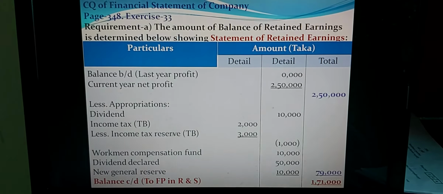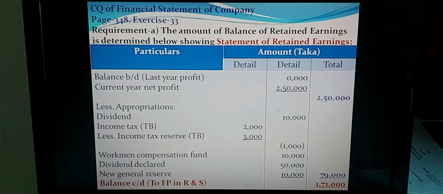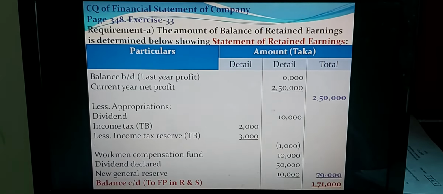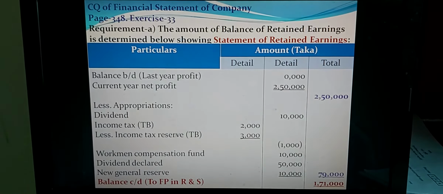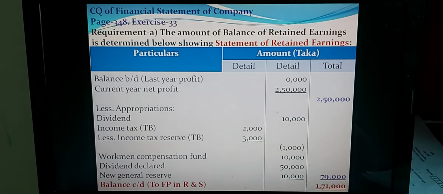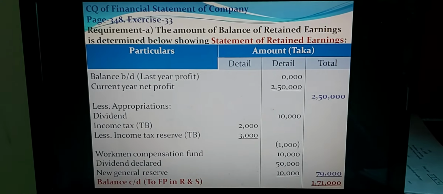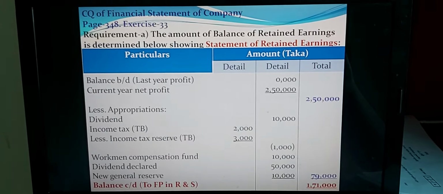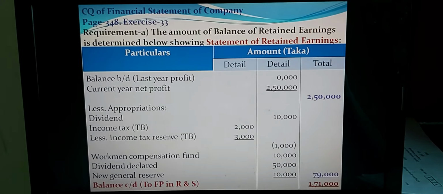This is new from the previous level, because you are now in accounting learning workbook level 2. In SSC level and accounting first paper, it is available as the equity statement, that is the owner's equity statement. But at this moment you have to prepare, in this level, the statement of retained earnings.